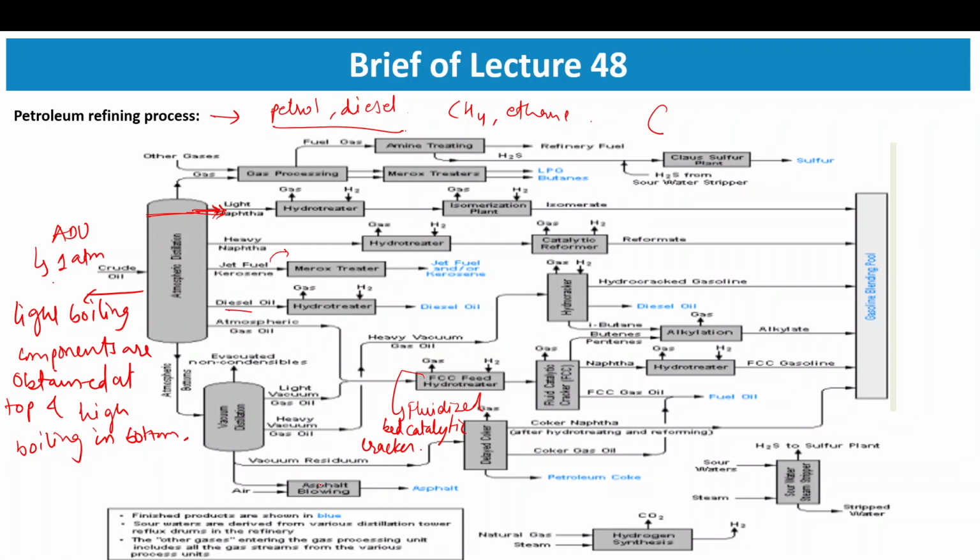So the catalyst used here in the FCC is so selective that it produces more and more petrol from that cracking, right? So cracking is nothing but the conversion of high molecular weight into small molecular weight compounds, by which you can generate more fuel.